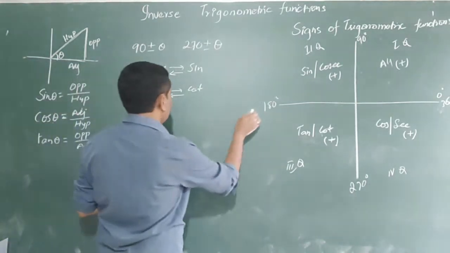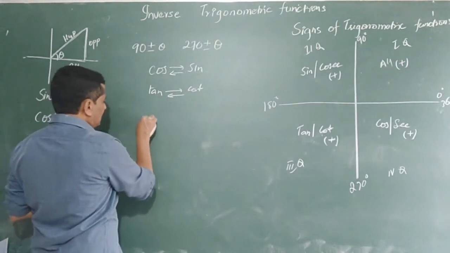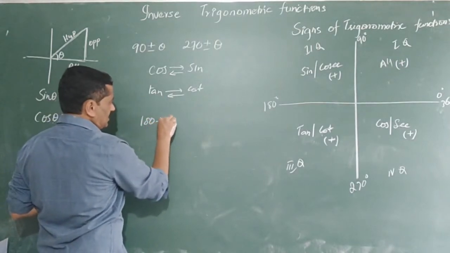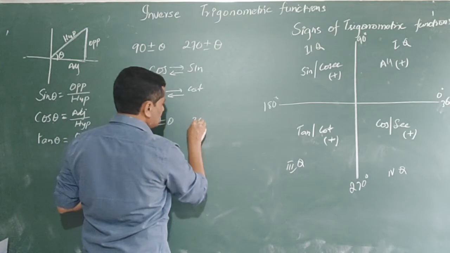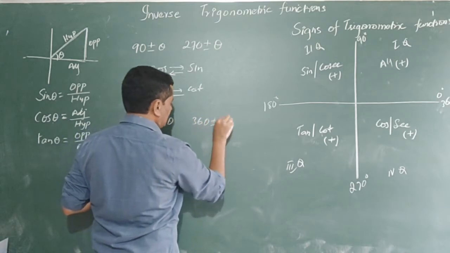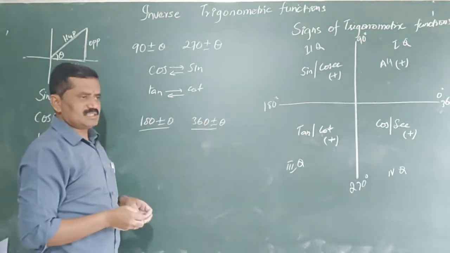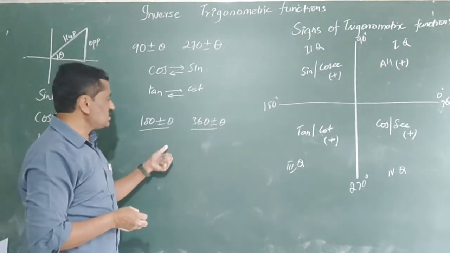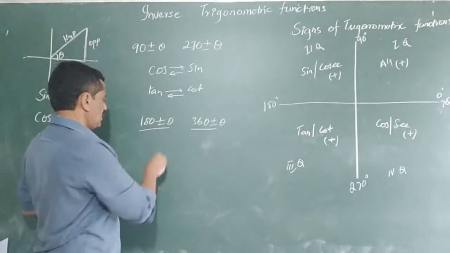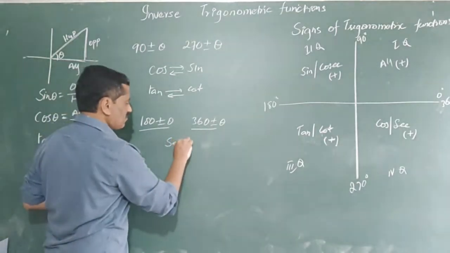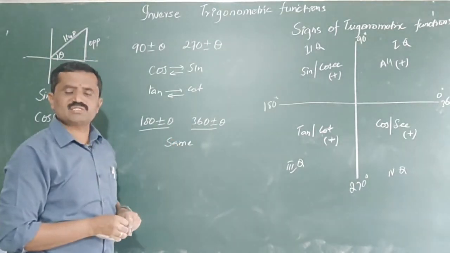So next we have 180 plus or minus theta or 360 plus or minus theta. So for 180 plus or minus theta and 360 plus or minus theta, the ratios remain the same. The ratios never change.